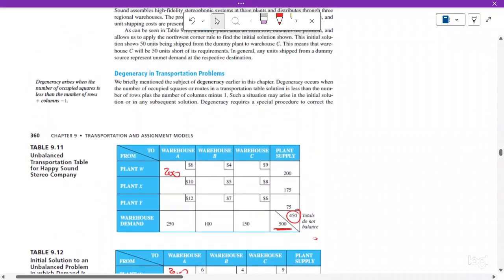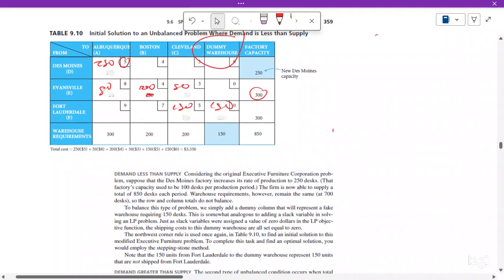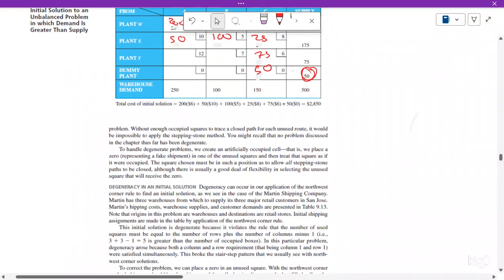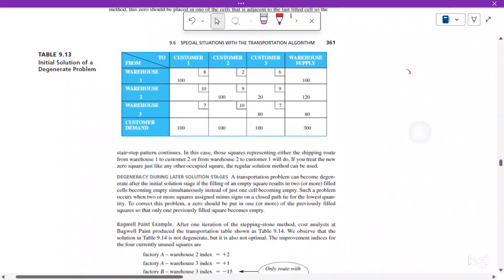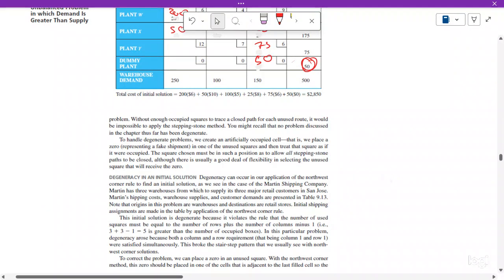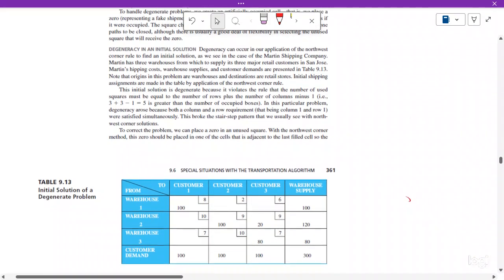Okay. So the unbalanced and balanced, I'll need to prove if they need to be conducted with that thing. But it's fine for now. So now moving right along. This one is a degeneracy in initial solution.